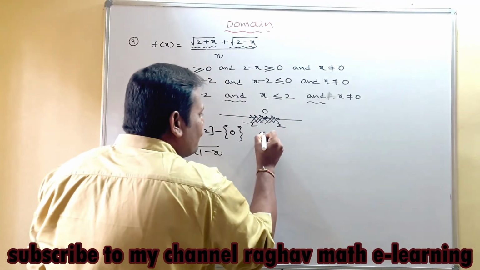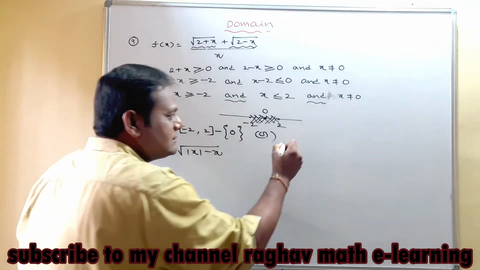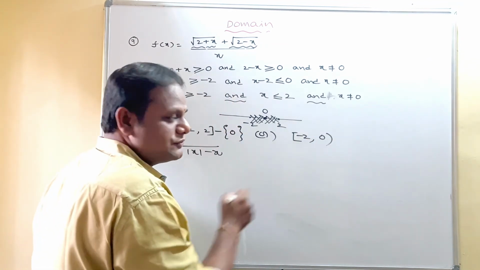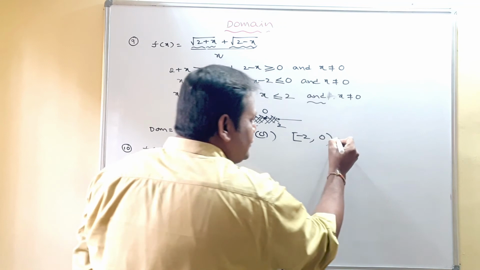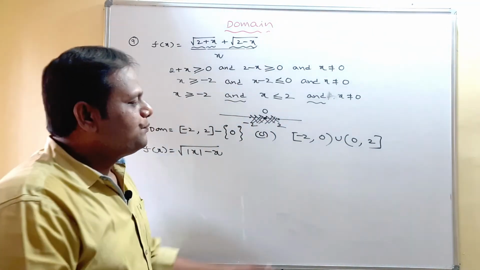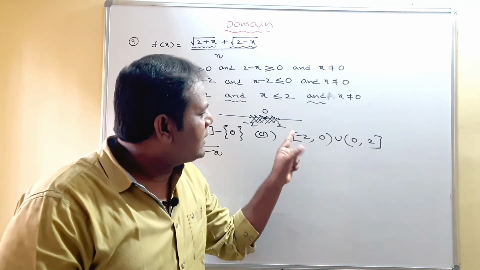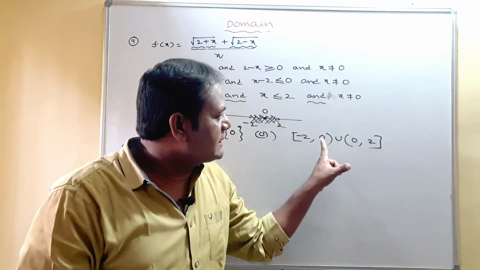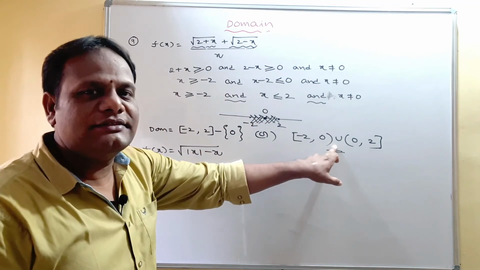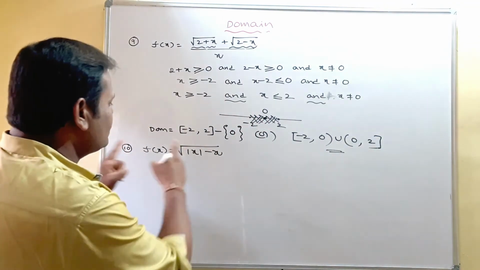Or we can represent this as closed minus 2, open 0, where 0 is not included, union open 0 to closed 2. It means we have taken all the values from minus 2 to 2 except 0. So one can give the answer like this. Clear?